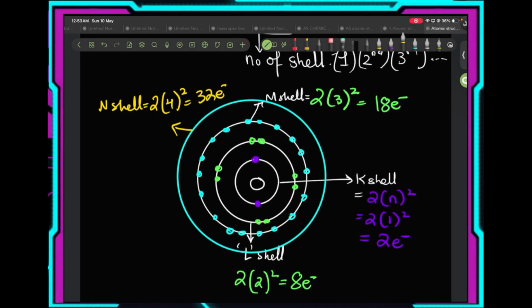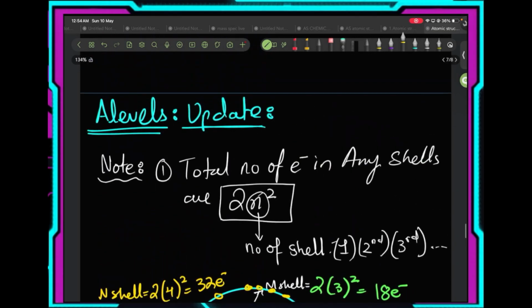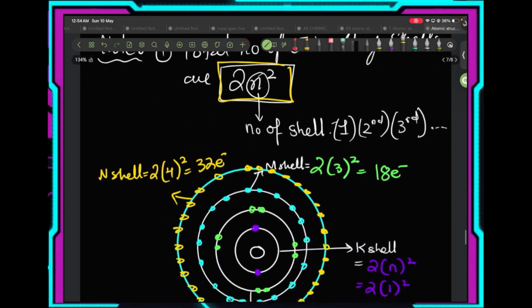That means this shell can accommodate not 8 electrons but 32 electrons. So let's just fill 1, 2, 3, up to 32. So these are the number of electrons this shell can accommodate. Right? This is the first update. So now we have a new formula to calculate the number of electrons present in every shell.